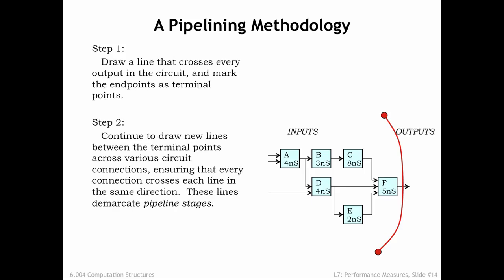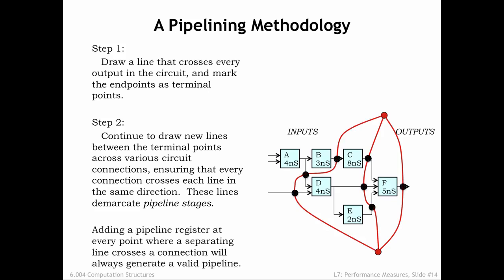During Step 2, continue to draw contour lines between the 2 terminal points across the signal connections between modules. Make sure that every signal connection crosses the new contour line in the same direction. This means that system inputs will be on one side of the contour and system outputs will be on the other side. These contours demarcate pipeline stages.